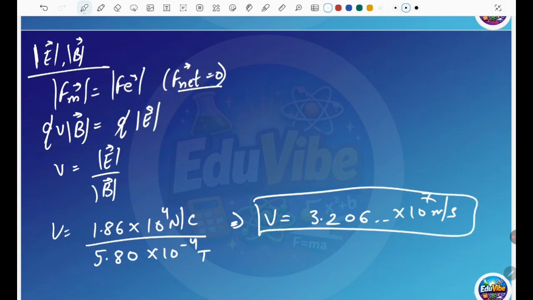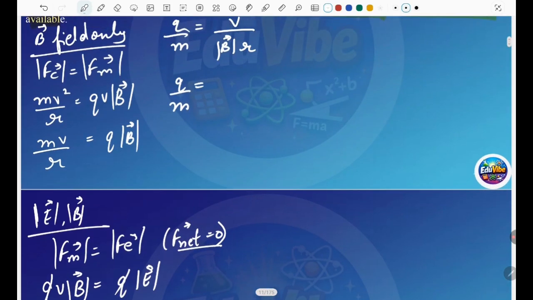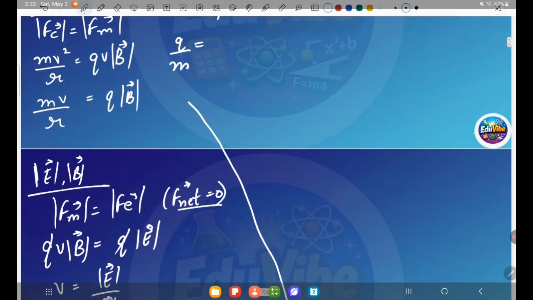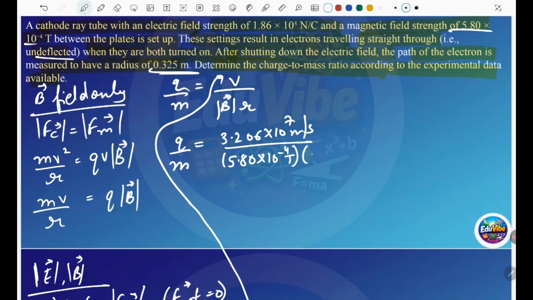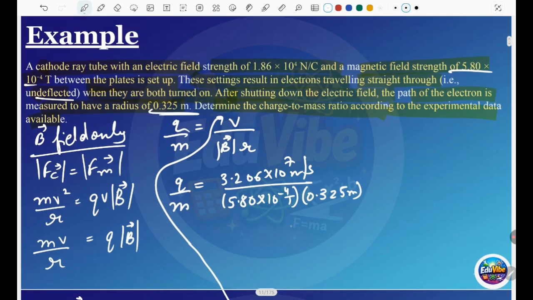Now you put this velocity over there, 3.206 into 10 raised to power 7 meters per second, divided by the magnetic field of 5.80 into 10 raised to power minus 4 tesla, and the radius r is equal to 0.325 meters. When you calculate this, you get q upon m of about 1.70 into 10 raised to power 11 coulombs per kg.